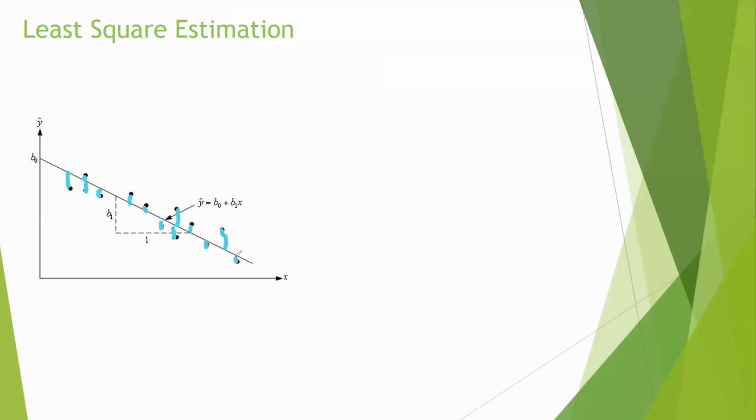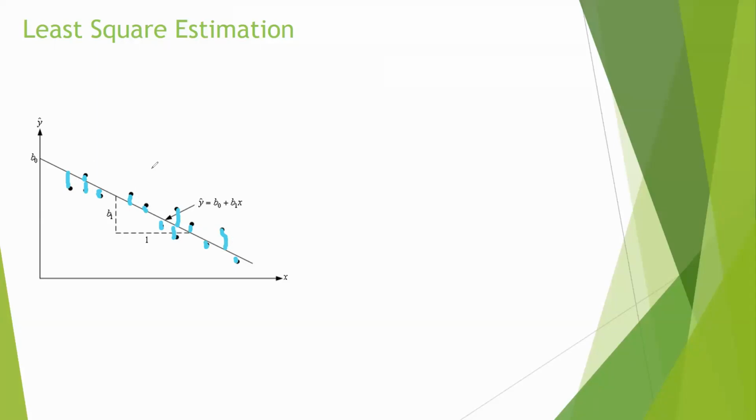All right. Because some differences are positive and some are negative, if we just simply add up these differences, the positive and the negative will cancel out. This will not reflect the real deviation of the data points from the fitting line.